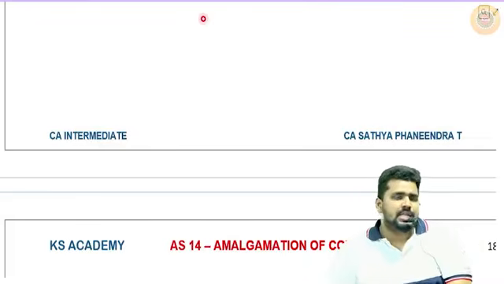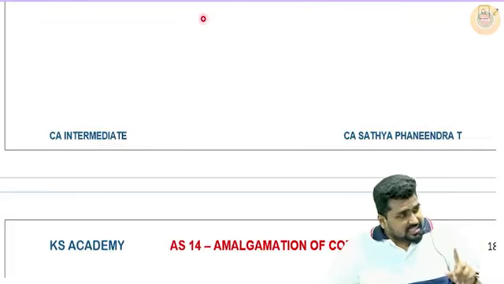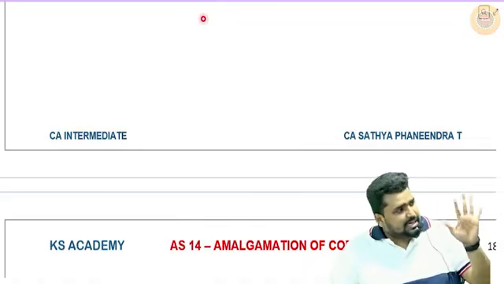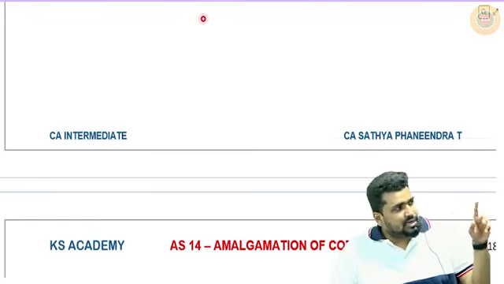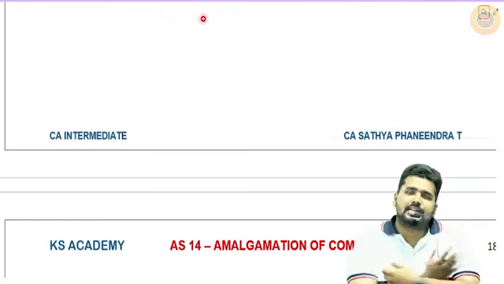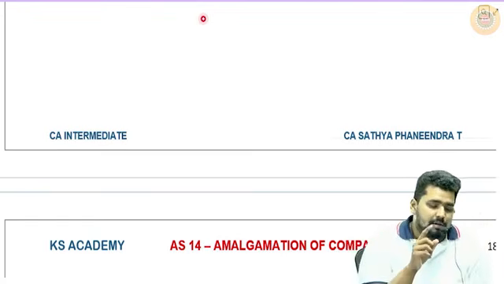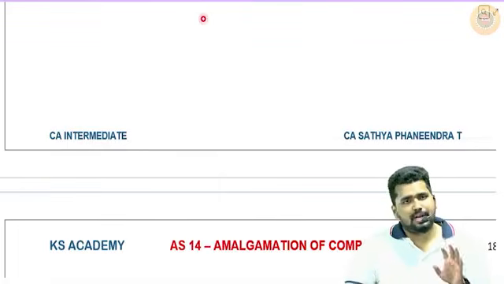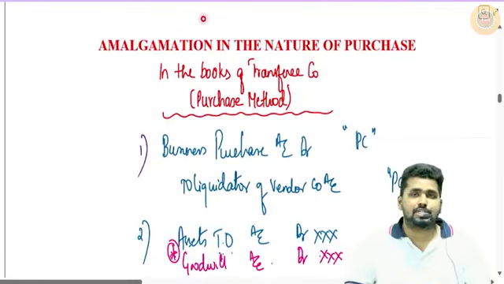Suppose the business has 10 assets, and for 4 assets they have given agreed value, but for 6 assets they did not. Then book value is assumed to be the agreed value. Clear? Point number 1, we are going to learn amalgamation in the nature of purchase.